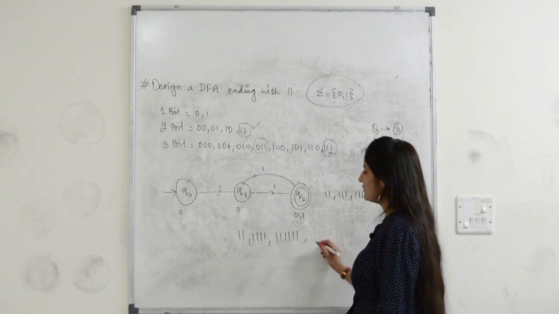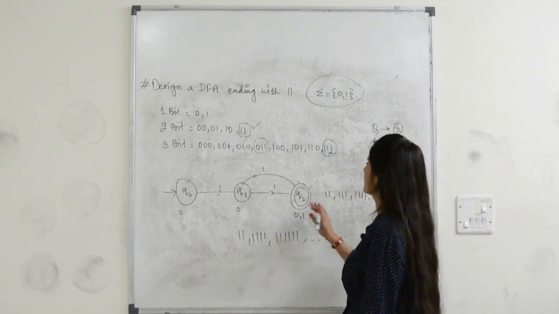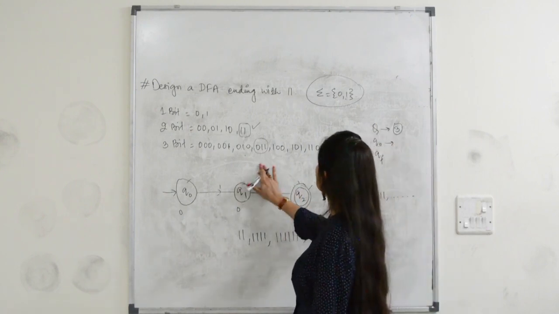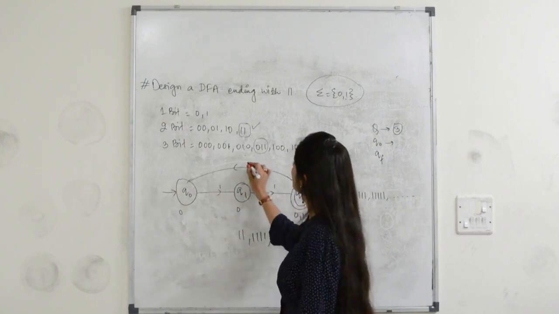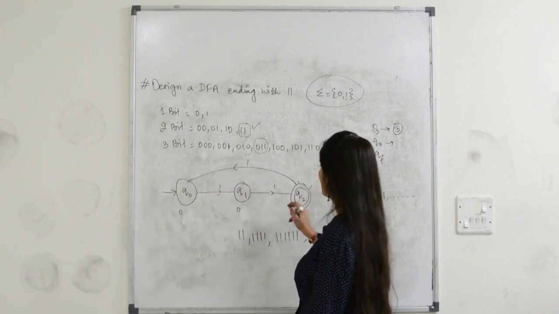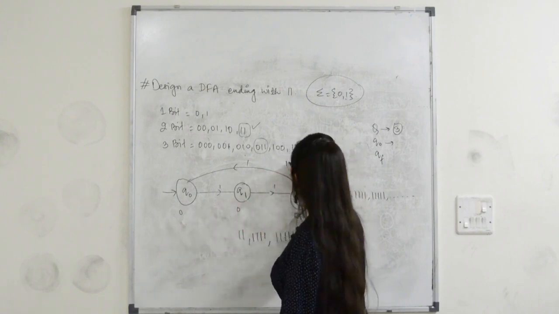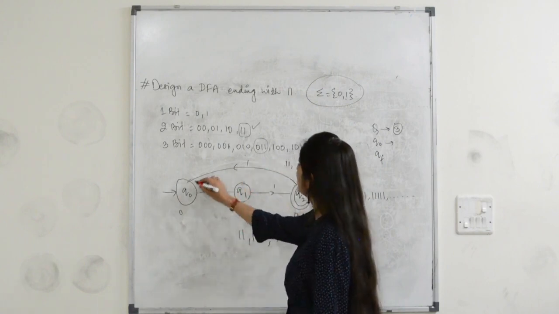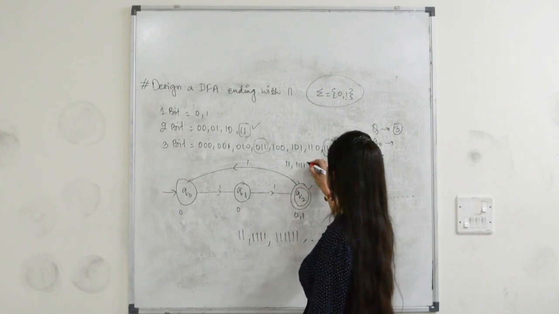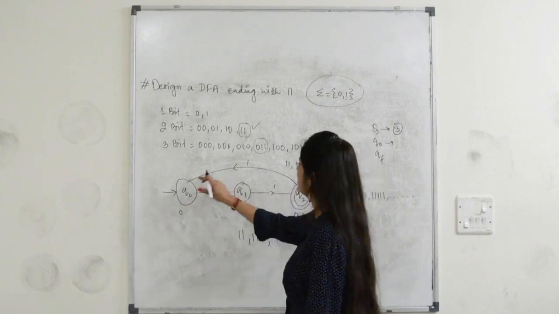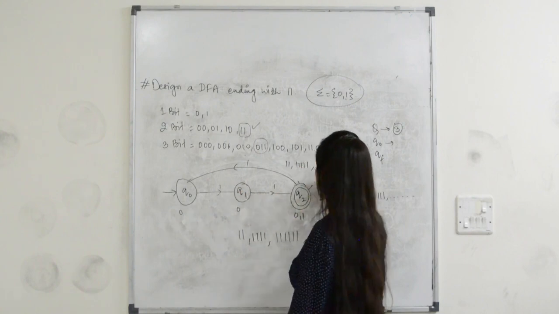So it is accepting an even number of ones. Coming to this transition, it will accept 2 ones, then 5 ones, then 8 ones.